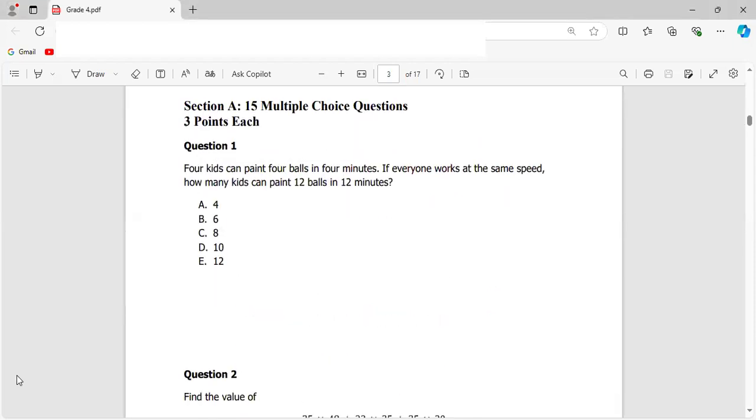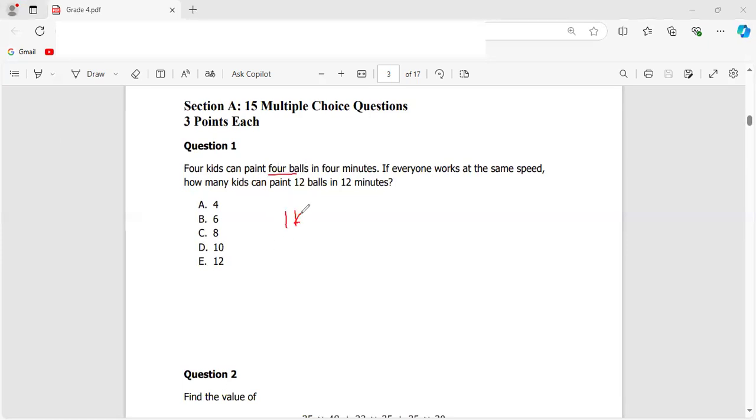Question 1. 4 kids can paint 4 balls in 4 minutes. If everyone works at the same speed, how many kids can paint 12 balls in 12 minutes? So basically what it means is 4 kids can paint 4 balls in 4 minutes.